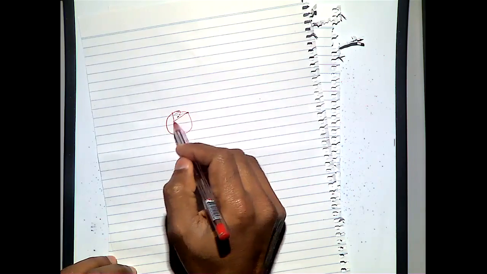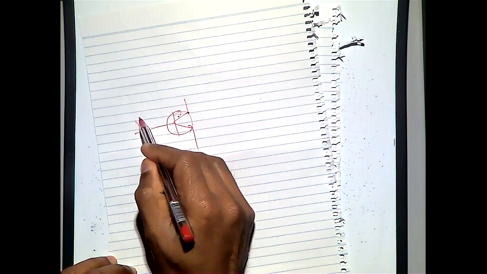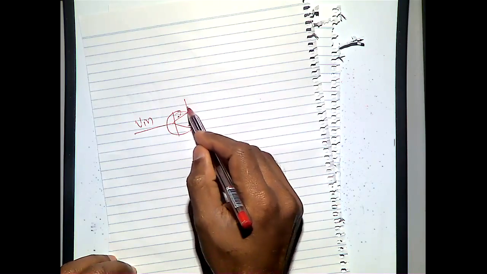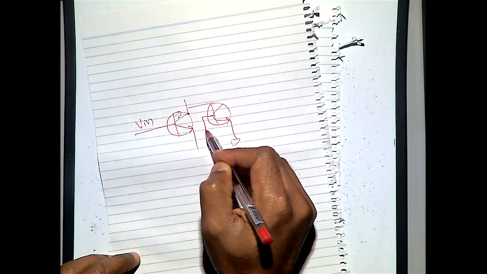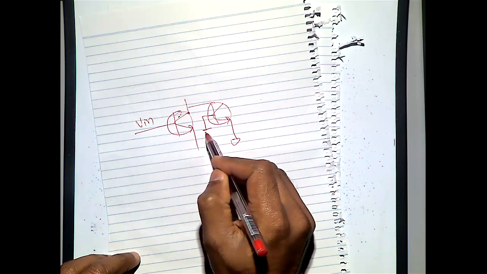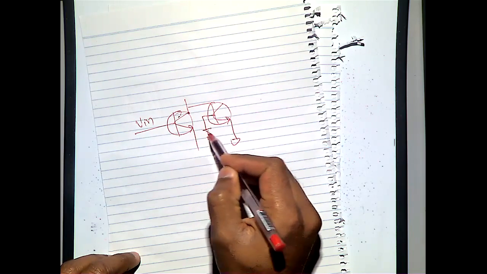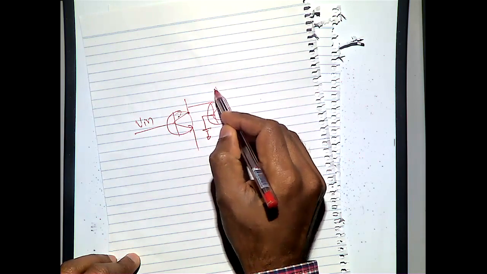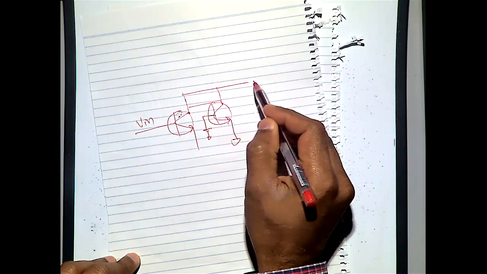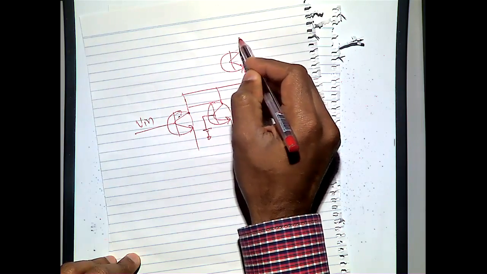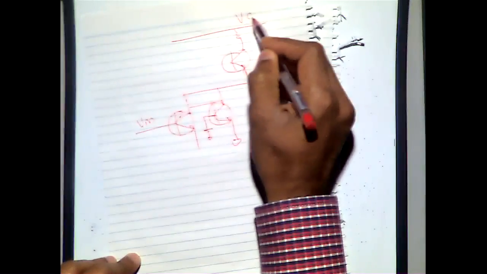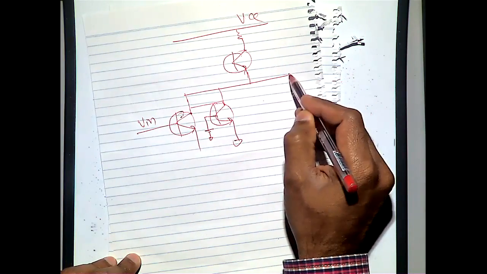So my question is, this is your V in, then I am going to connect from here another transistor, and maybe I connect here to some voltage, and then both of these I am going to connect to the emitter of some transistor, some VCC. It's crazy. Then this is the output.